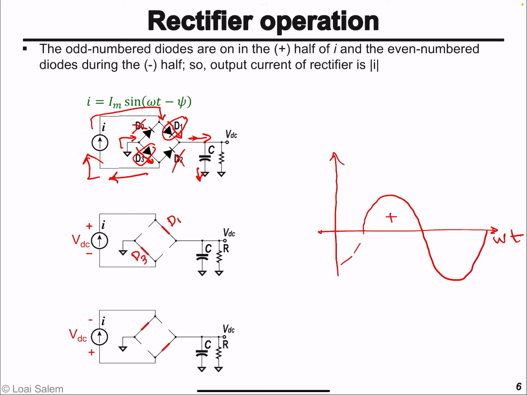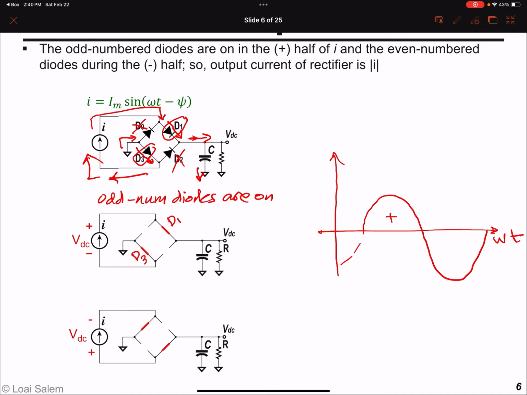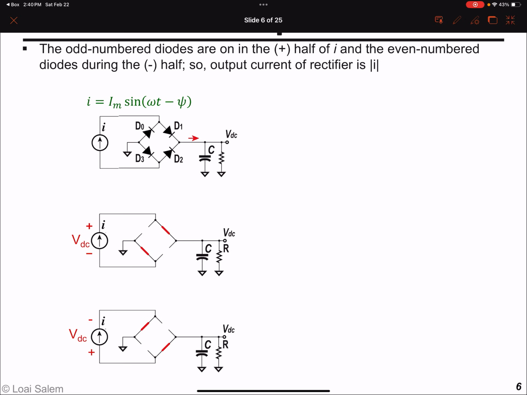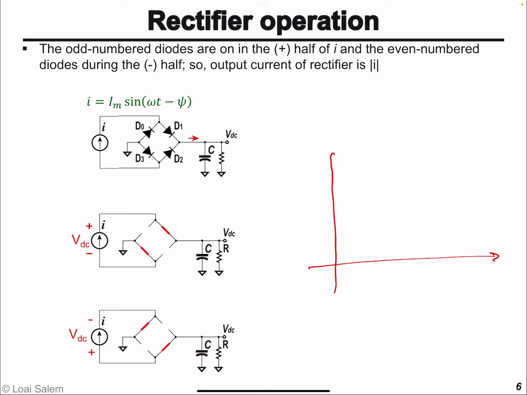So the odd numbered diodes are on during the positive half cycle. Now, during the negative half cycle, the current is flowing in this direction, so it will flow via D2 to the load.